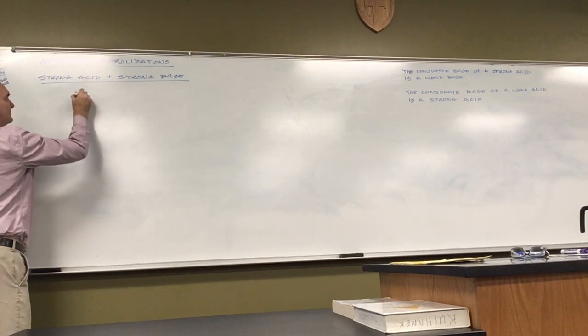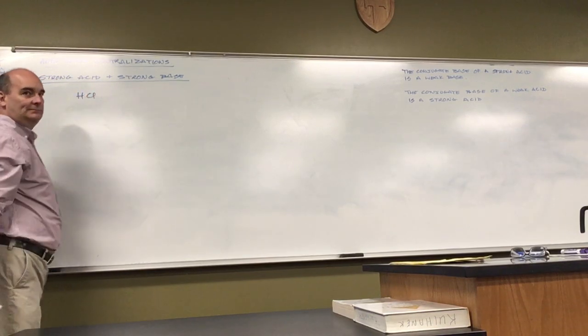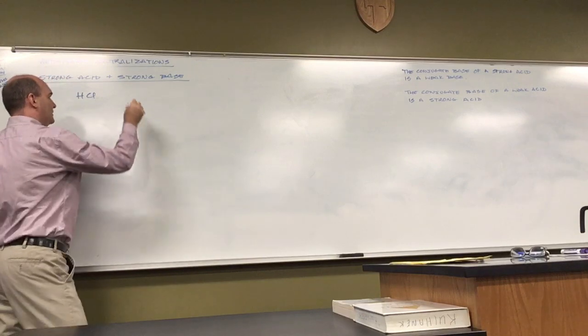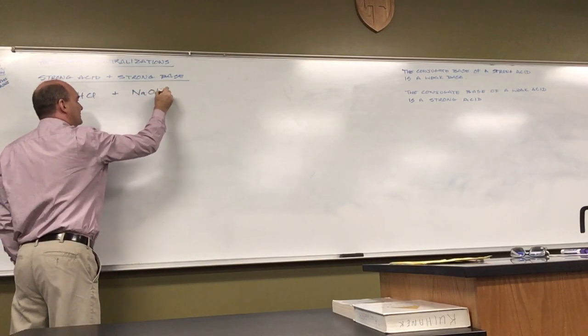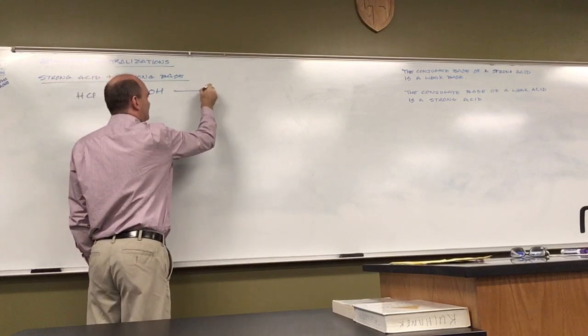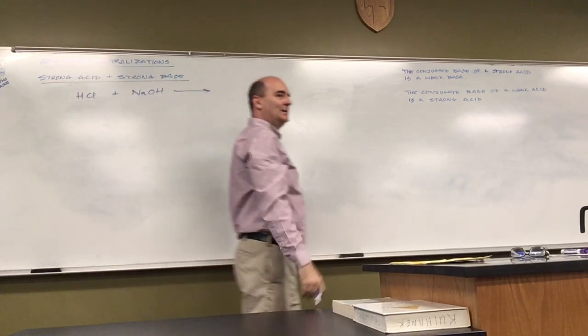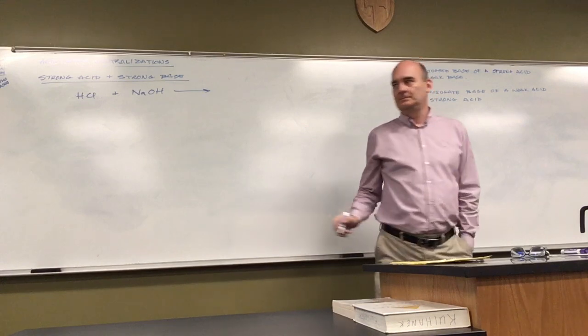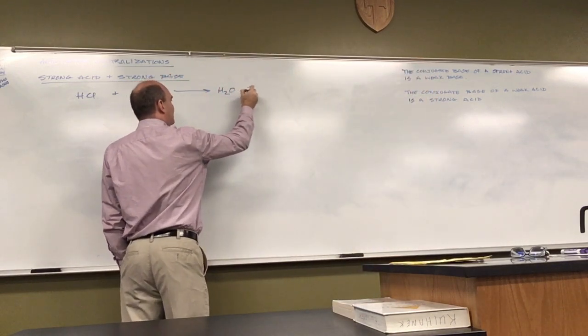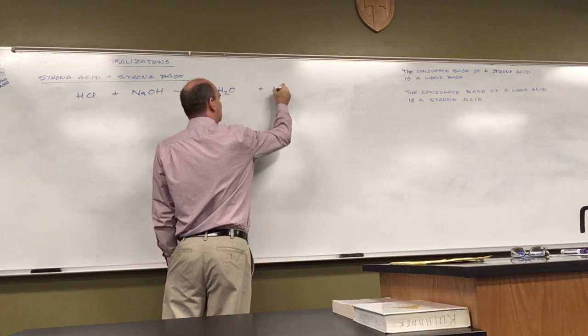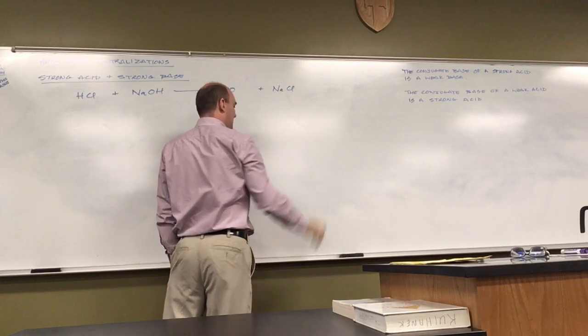So, HCl, prototypical strong acid, and NaOH. Combine together to make H2O and NaCl.